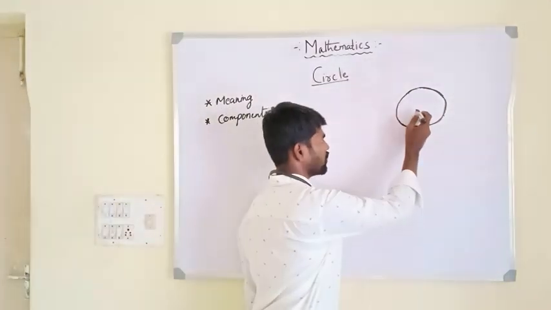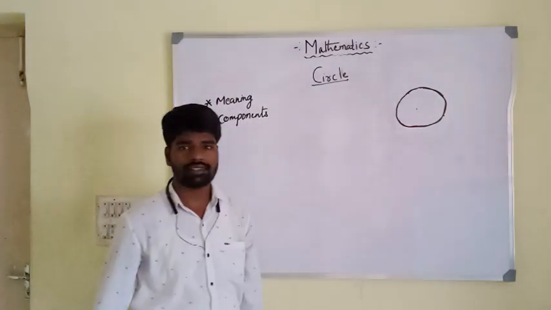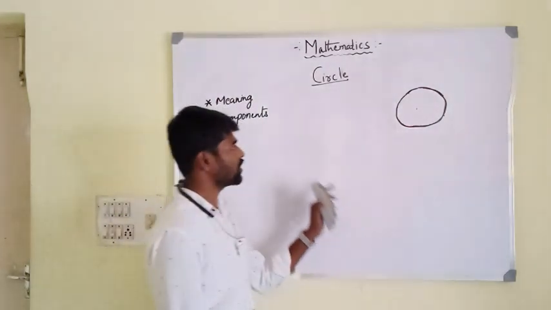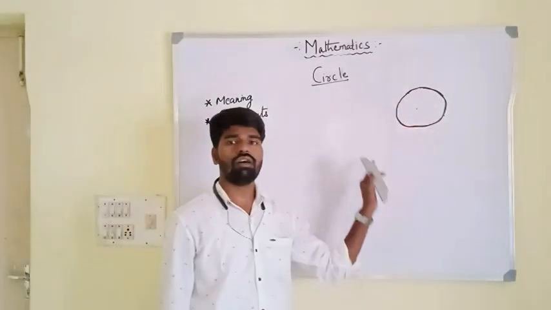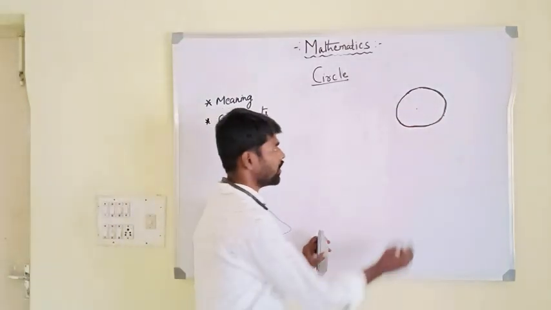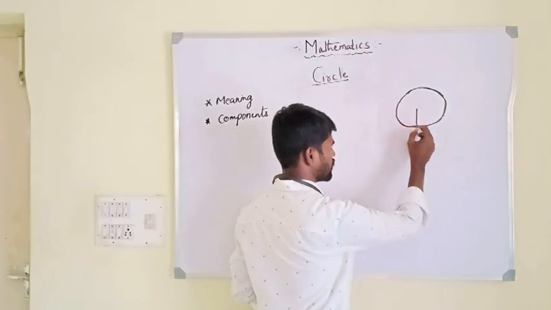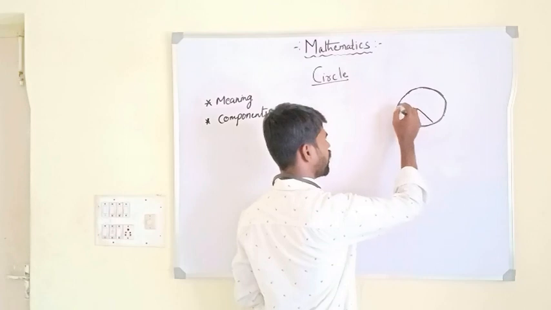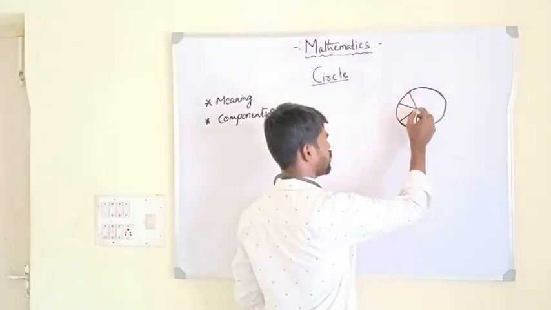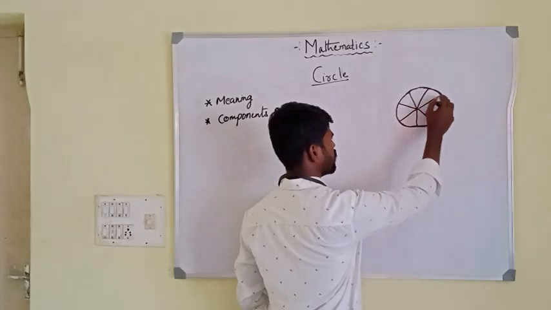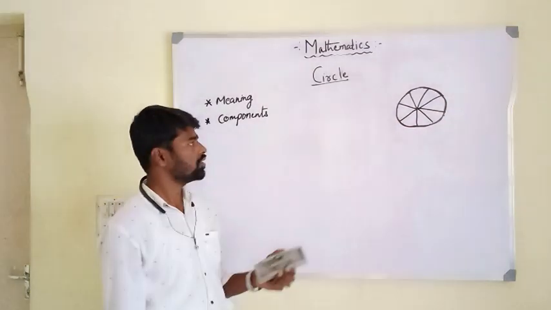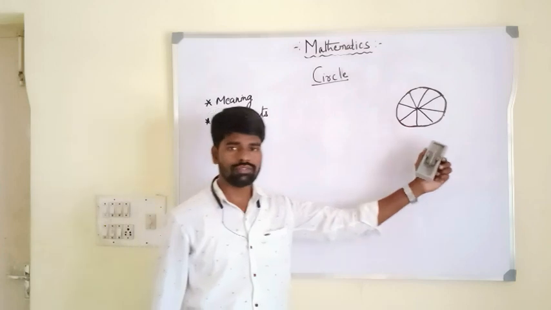That fixed point is called a center of circle. So circle is nothing but a collection of all the points which are equidistant from a fixed point. So that fixed point is called a center. Understood? So that is meaning of circle.